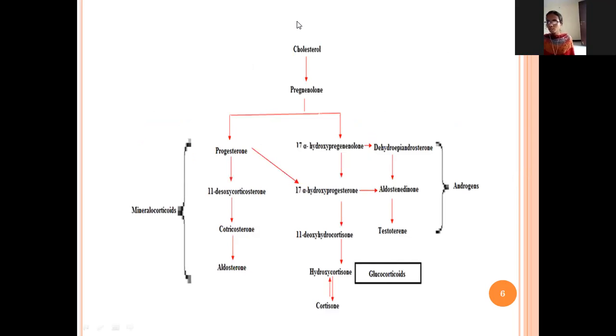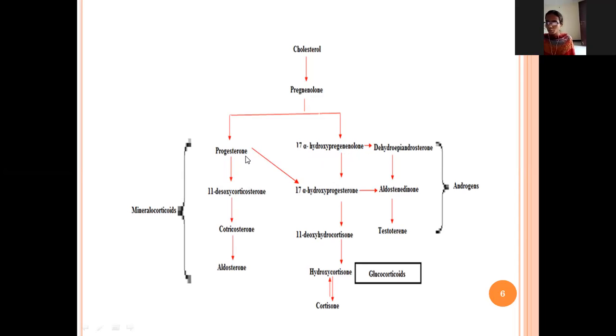So this is the biosynthesis of the corticosteroids. The starting material is cholesterol. From the cholesterol we will get the pregnenolone, and from the pregnenolone it is divided into two, that is progesterone and 17 alpha hydroxypregnenolone.